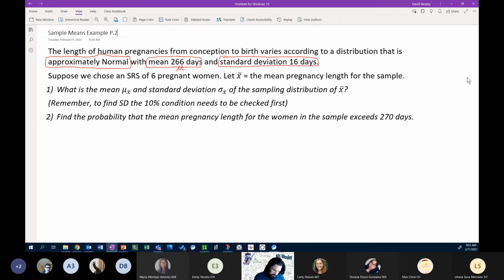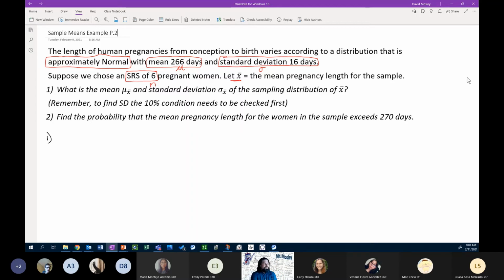So we get mu and sigma here. We have an SRS of 6, so n is 6. And we're just told what X bar represents. Again, that is good practice. Identify what your variables represent. X bar is the mean pregnancy length for the sample.